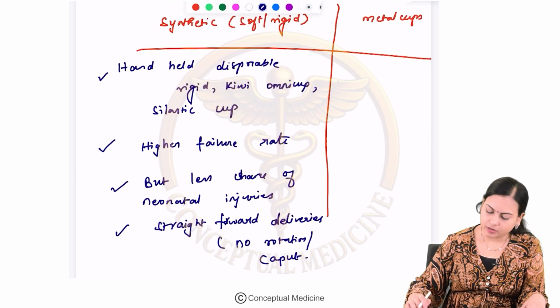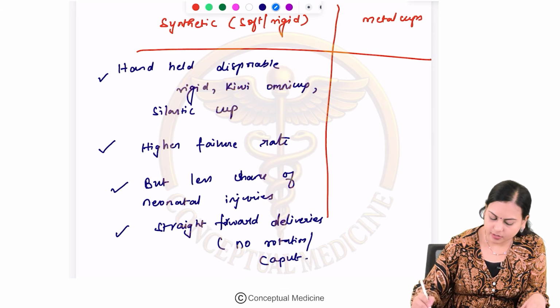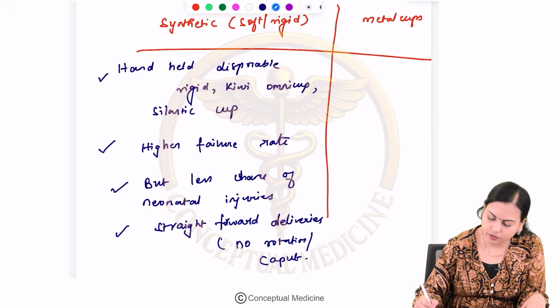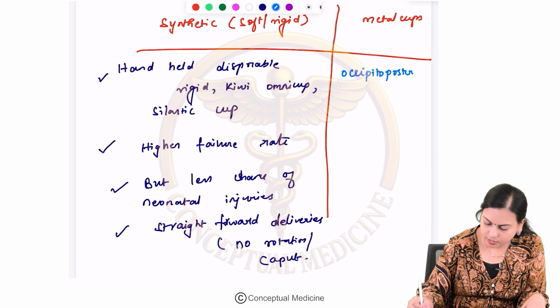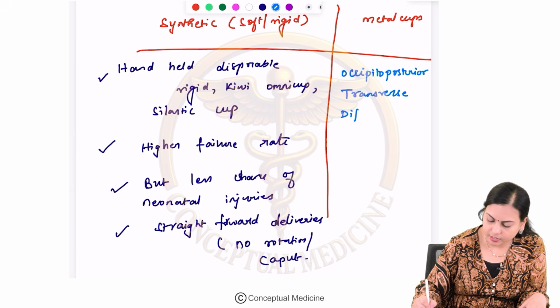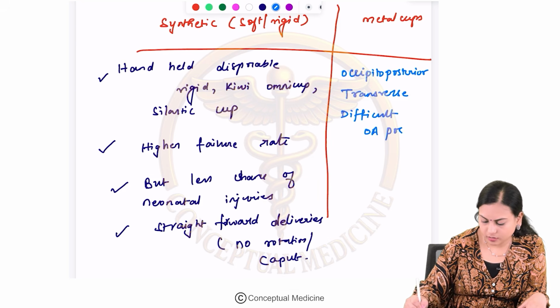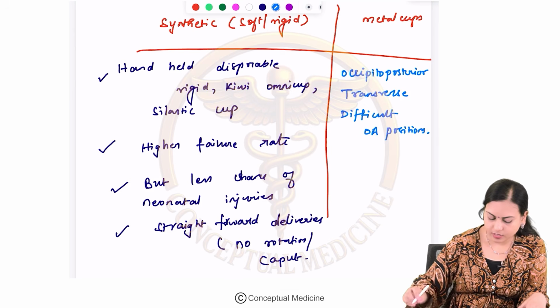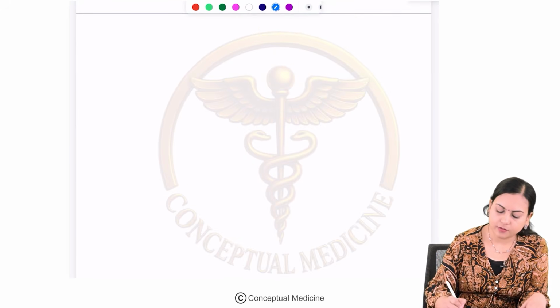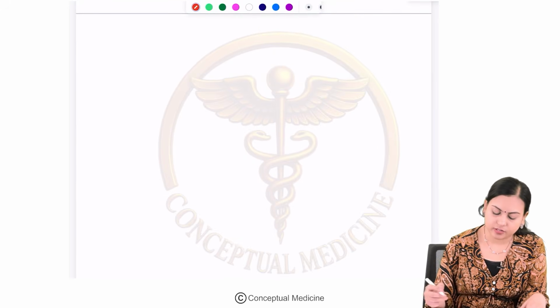Clear? Whereas metal cups are used for the delivery of occipito posterior, transverse or difficult occipito anterior positions. Clear? Now, we will see what are the indications of vacuum extraction.